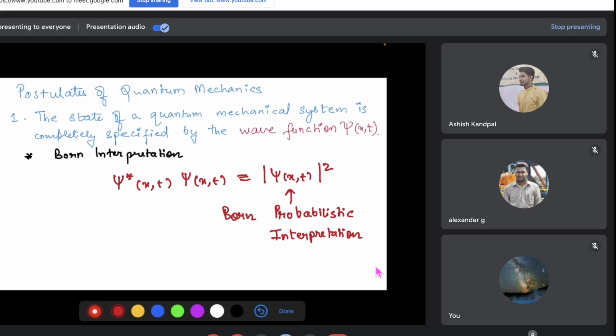This gives the answer to my question: the probability of finding the system at a particular value of x and a particular value of time t.